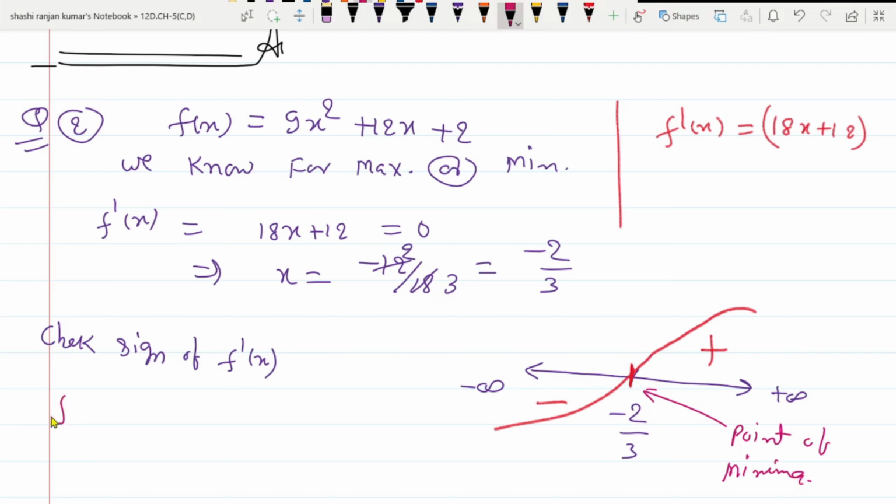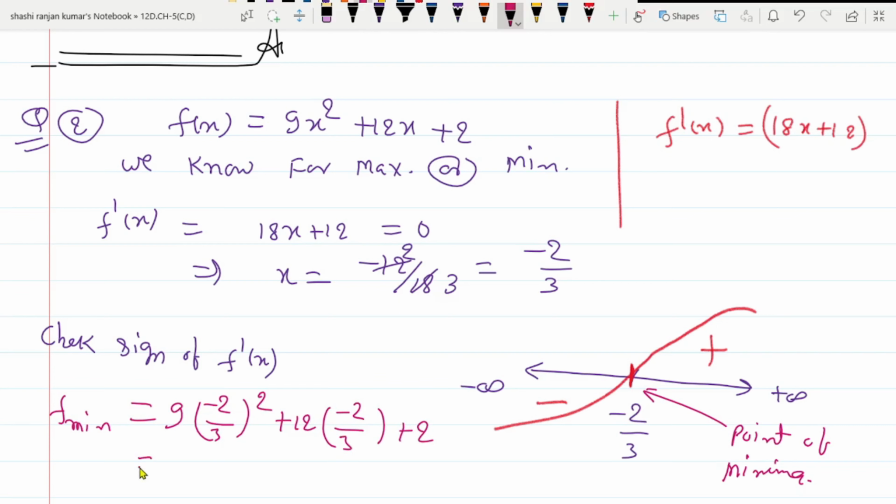So what is the minimum value? If I'm talking about the minimum value, you have to put this value in your function. See, very important. Because the question is talking about the minimum value, you have to put this into the function: 9 into minus 2 by 3 whole square plus 12 into minus 2 by 3 and then plus 2.